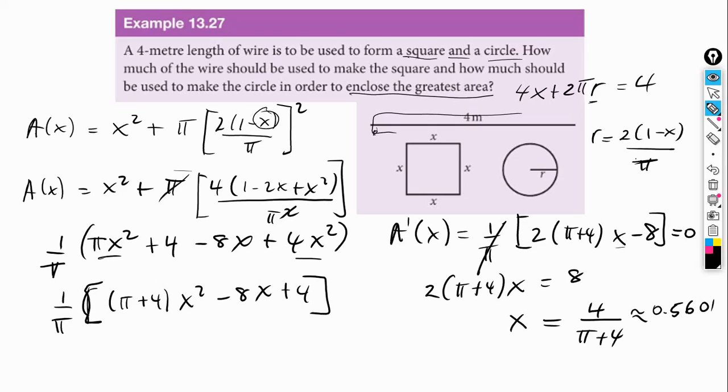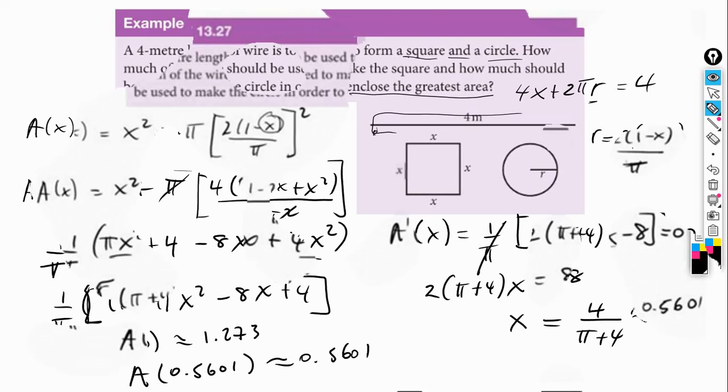So if you test for 0 in the area formula, you're going to get approximately 1.273. If you test for the value we found, which is somewhere in the middle, 0.5601, you are going to get approximately 0.5601.